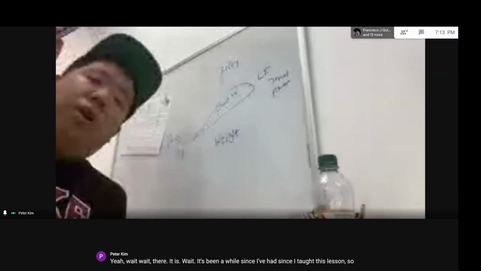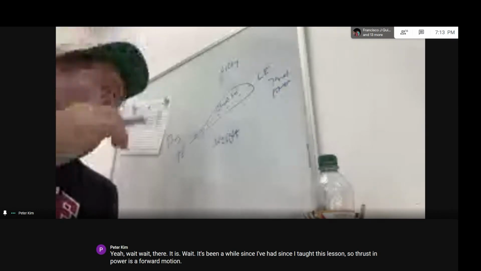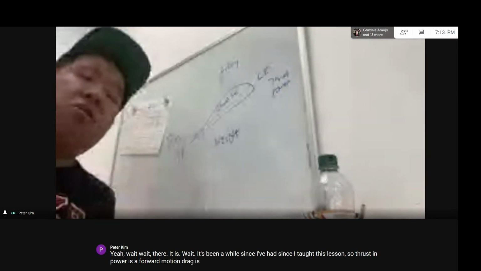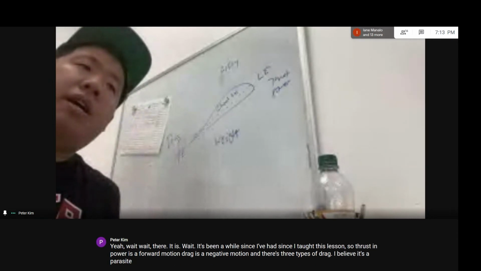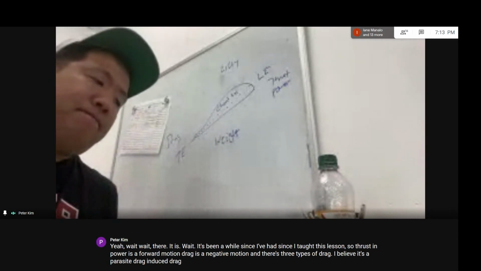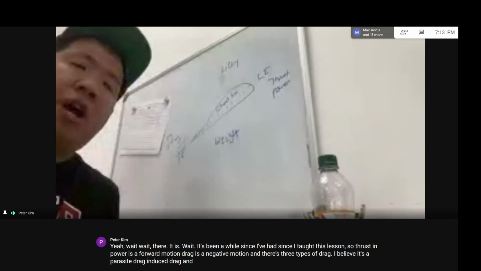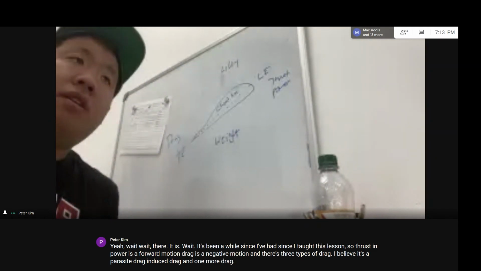So thrust and power is a forward motion. Drag is a negative motion, and there's three types of drag. I believe it's parasite drag, induced drag, and one more drag. It's called profile drag.